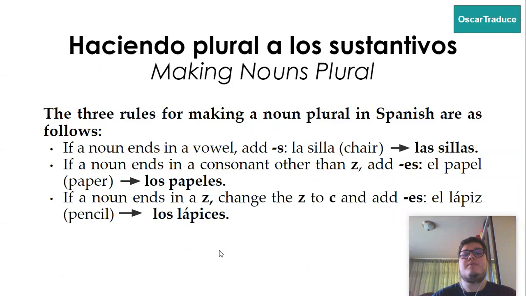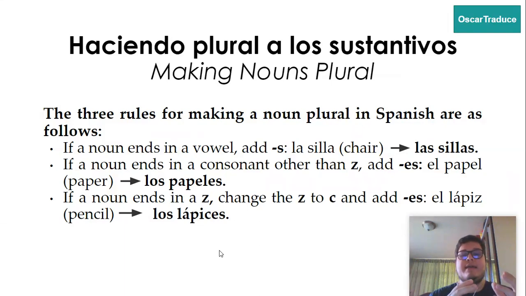Also, we are going to learn how to make the nouns plural. In Spanish, we say haciendo plural a los sustantivos. The three rules for making a noun plural in Spanish are as follows. If a noun ends in a vowel, add the letter S. For example, la silla, las sillas, chair, chairs.